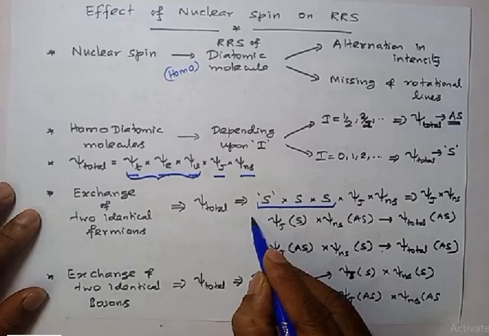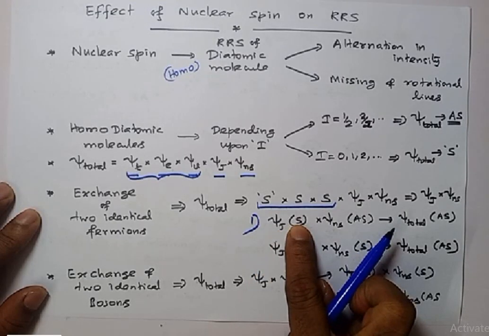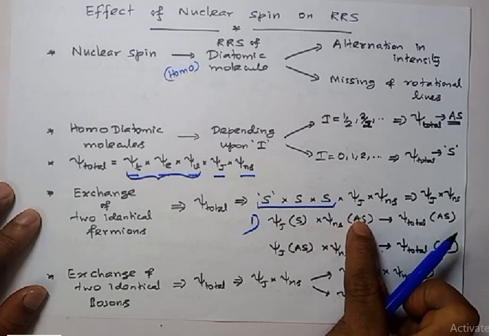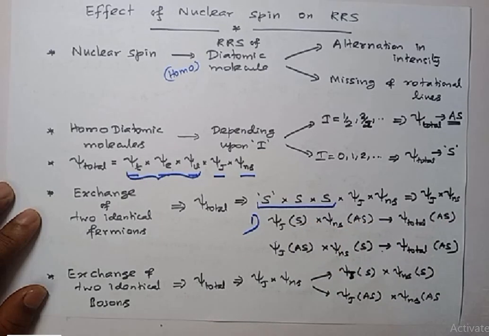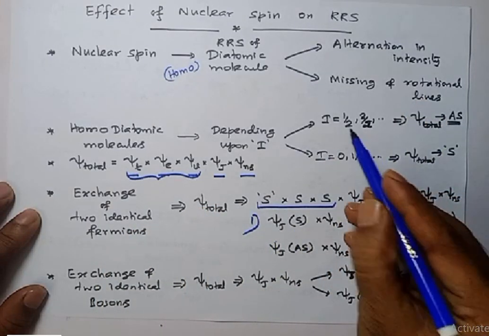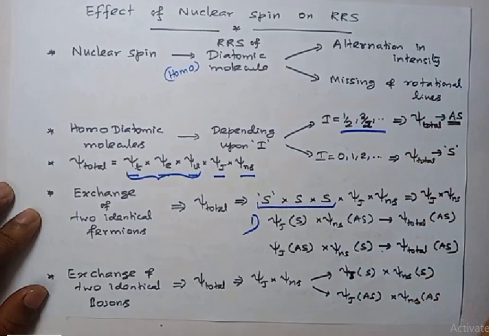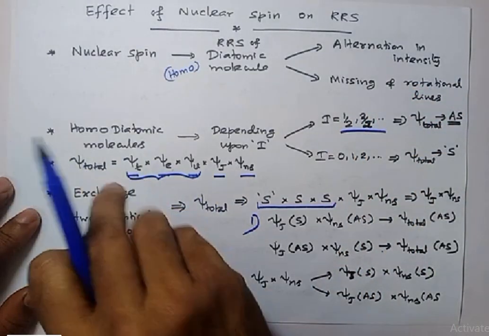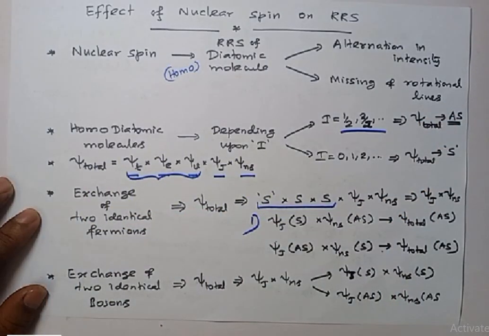Number one, if the rotational state is symmetric, the nuclear spin state must be antisymmetric, so that symmetric into antisymmetric is antisymmetric. We should get the total wave function as antisymmetric, because for fermions I is equal to 1/2 or 3/2, 5/2, etc. When two identical fermions exchange their position, the total wave function must be antisymmetric.